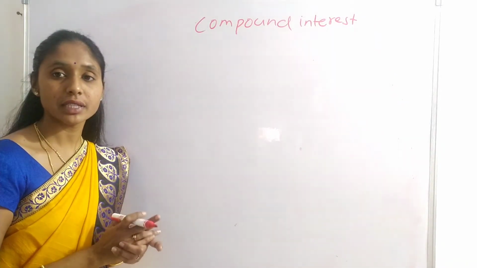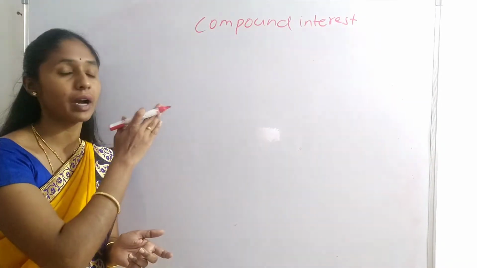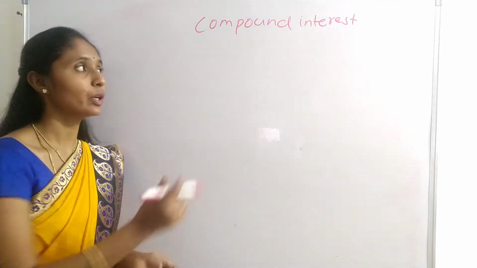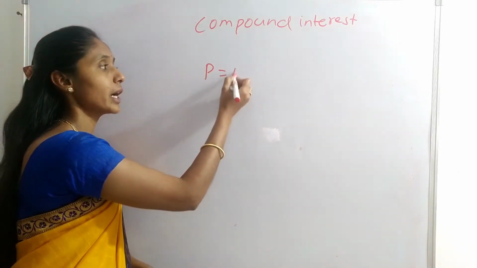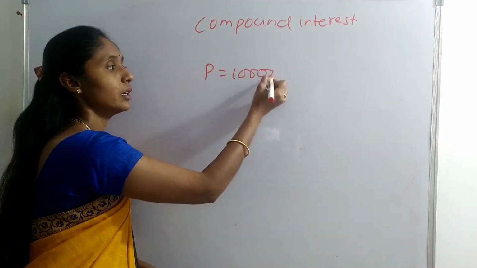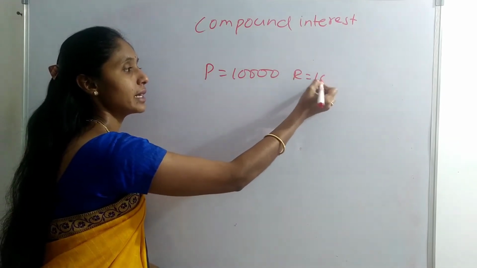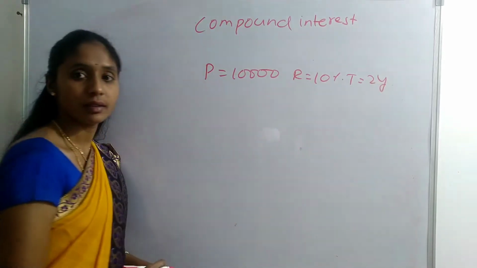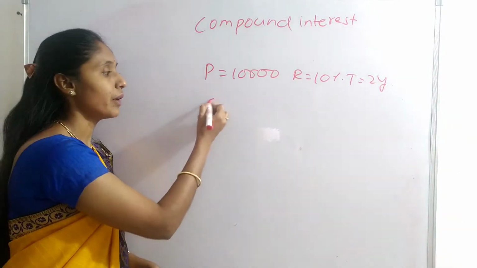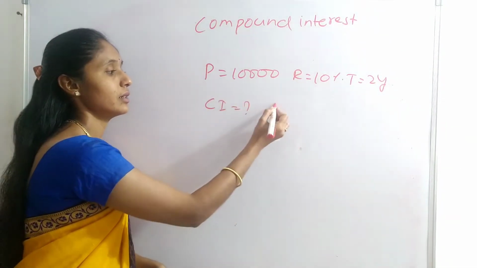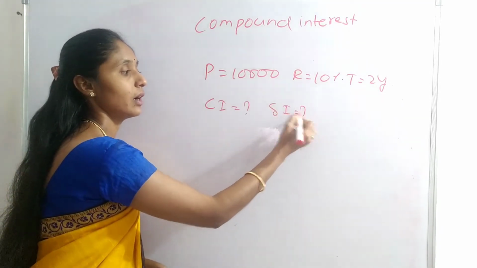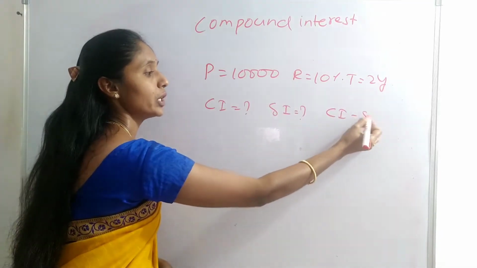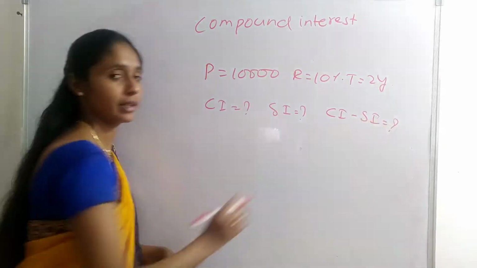Okay friends, let me see some examples to find compound interest. Take the principal amount as 10,000, the rate of interest as 10%, and time equal to 2 years. Then find CI, SI, and the difference between compound interest and simple interest.